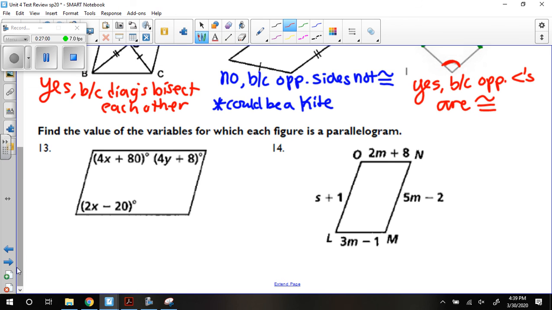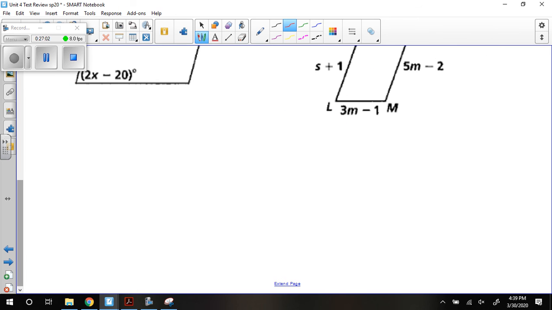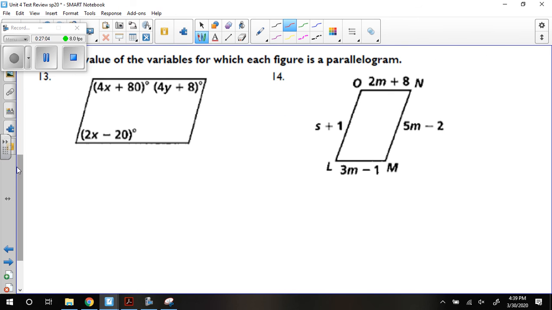Okay, so thinking about those same properties that I listed up top, we're going to use those properties because it says these figures are parallelograms. So we need to use those properties.